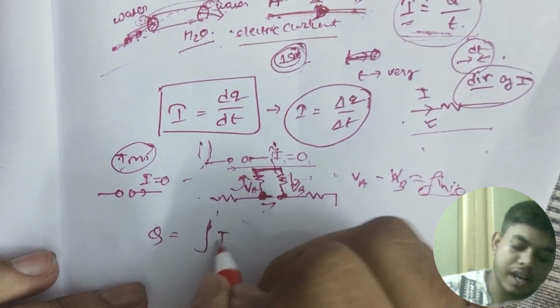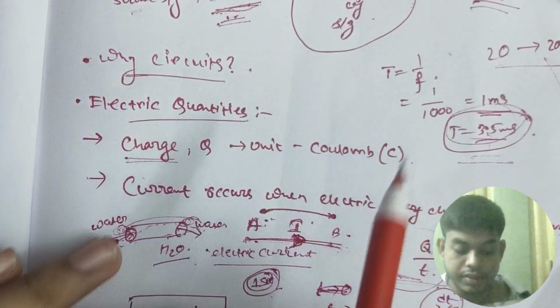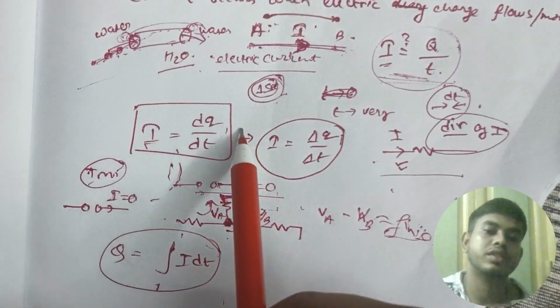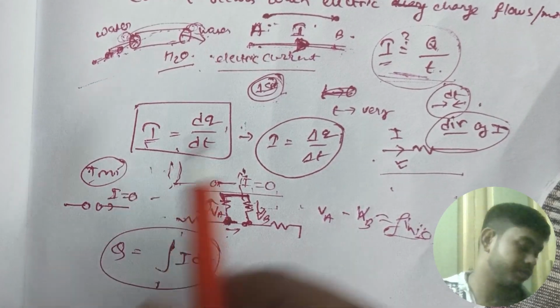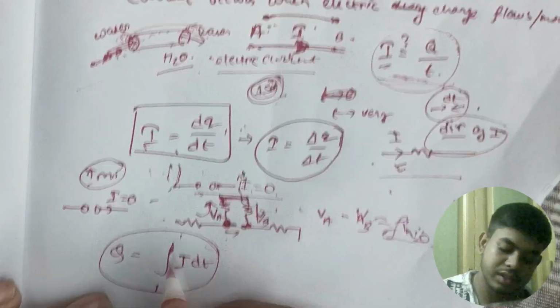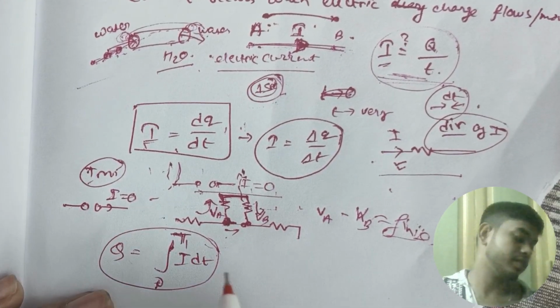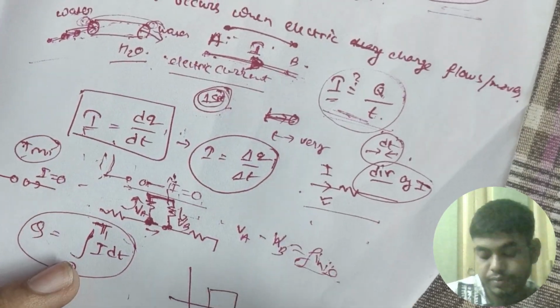Just integrate the current with respect to time. I equals dq by dt, so q is the integral of I dt from 0 to time t1. Let's do one example.